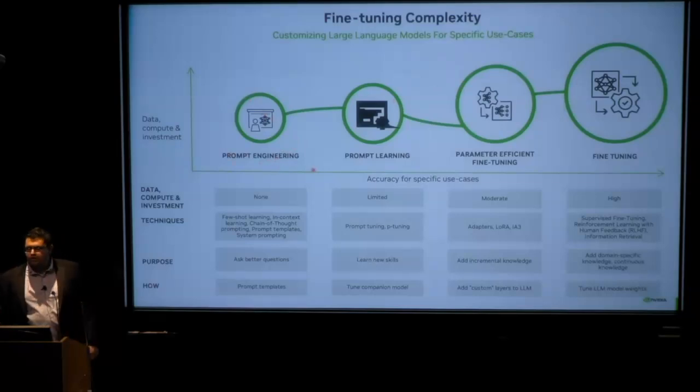For a particular large language model training you might be doing, there are varying levels of accuracy as well as compute investment. Starting from prompt engineering, which is essentially taking a large language model and tweaking the text a little bit, asking how I can ask it in this particular way or that particular way to get a particular output, like tweak my resume or something like that.